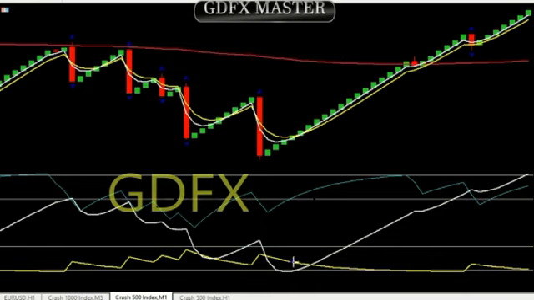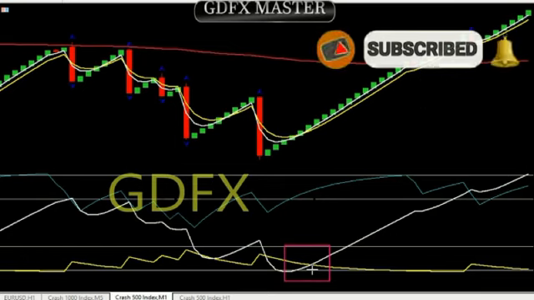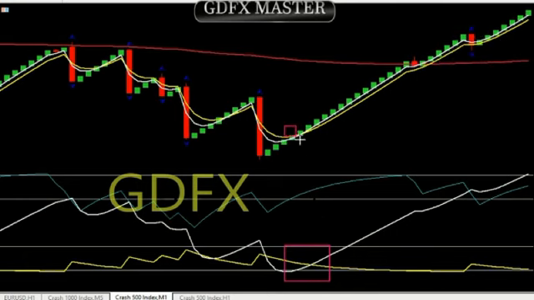Anytime you see this thing like this, get me correct. Anytime you see the white line crossing the yellow line, immediately it has crossed the yellow line, watch your main chart.